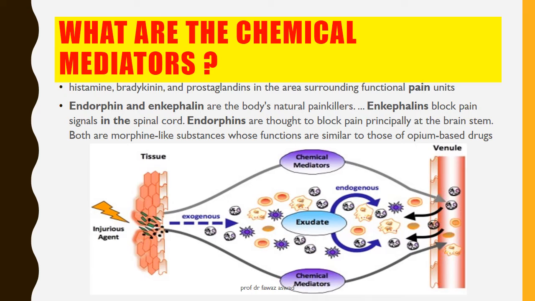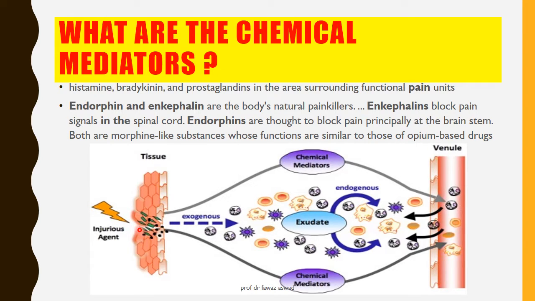So the most important thing, as we are going to see in this diagram, is that when any injury is applied on the tissue, this is the tissue and this is the source of injury. Whatever the source of injury, whether chemical, mechanical, or trauma, chemical mediators are going to be initiated.